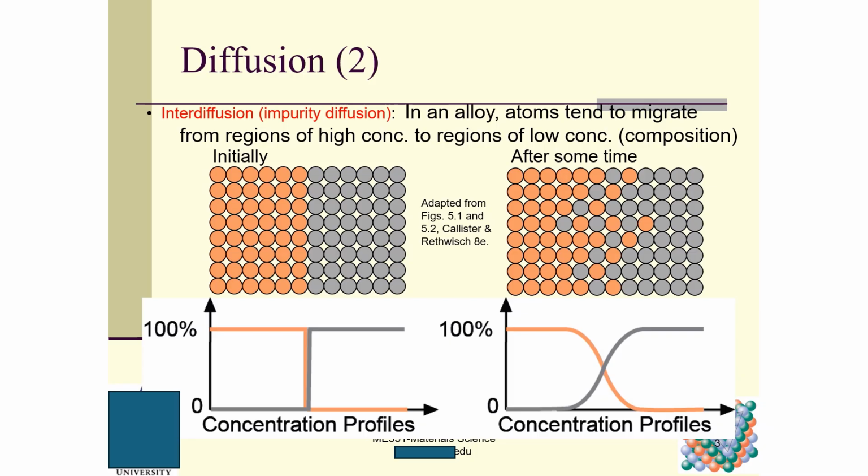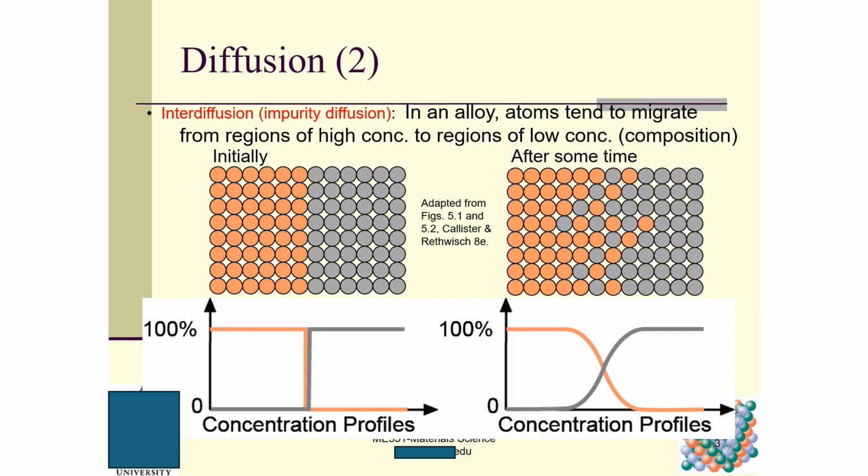In the middle part of this region, we have both dark atoms and colorful atoms. The concentration profile is denoted using these two curves. The percentage of colorful atoms starts decreasing from here until it reaches 0.